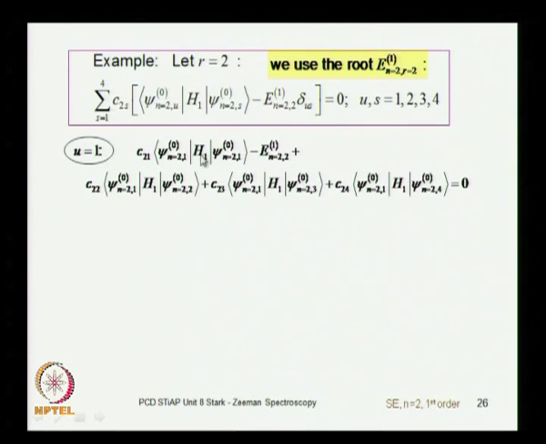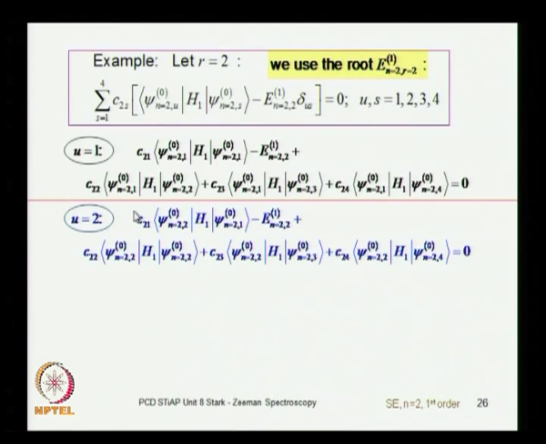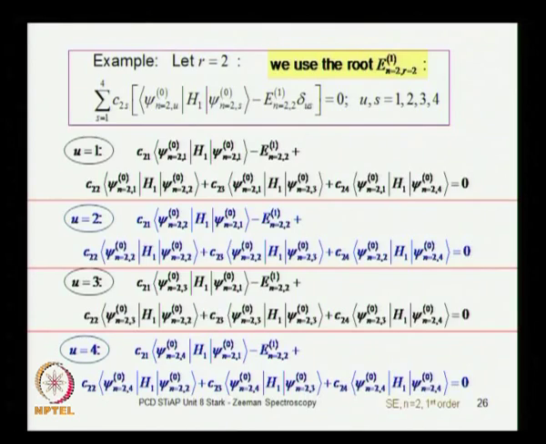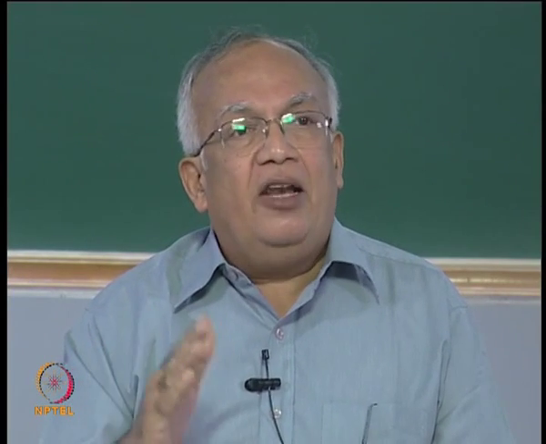So, you will have a total of these 5 terms, and there is a similar set of terms for u equal to 2, a similar set of terms for u equal to 3, and a similar set of terms for u equal to 4. So, all you do is substitute the different values of r, u and s.